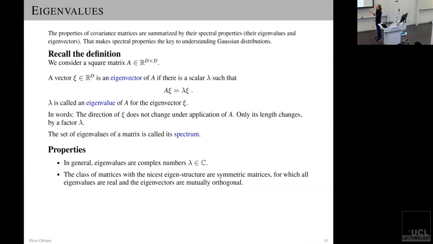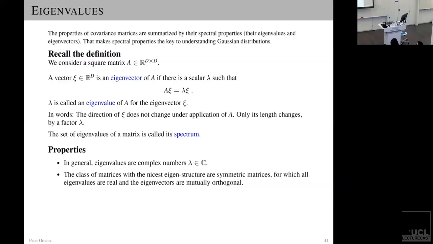There may be, in general, for a given matrix, several directions for which that is the case. And then for each of them, we get a separate value here. Yeah. And the collection of all of those values is called the spectrum. So the spectrum is the set of eigenvalues of the matrix.